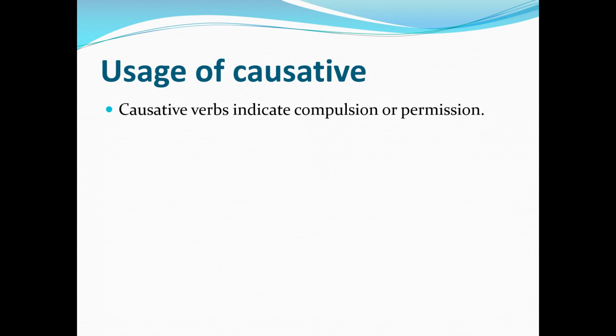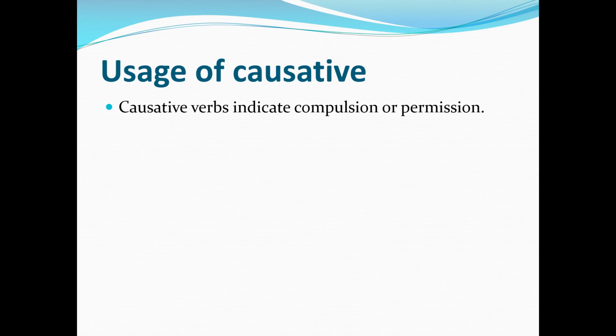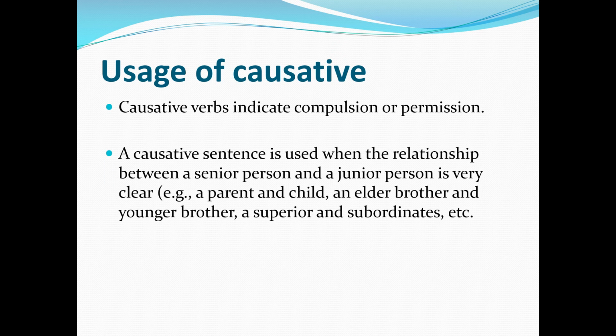Let's talk about the usage of causative verbs. First, causative verbs indicate compulsion or permission, just like what we discussed in the previous examples. Also, a causative sentence is used when the relationship between a senior person and a junior person is very clear.